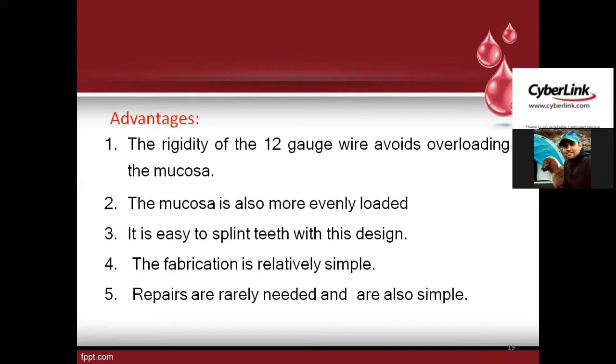The stress on the residual ridge and the abutment teeth are balanced. It is easy to splint teeth with this design. If there are weak abutment teeth, they are well splinted even during the movement of the denture base. And abutment teeth are not damaged even if relining is not done appropriately after the denture wears out.